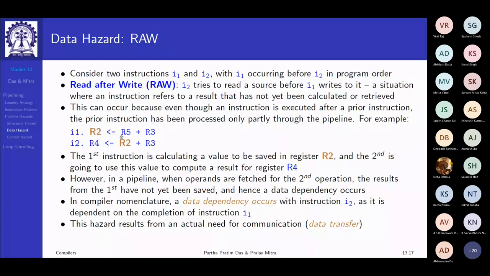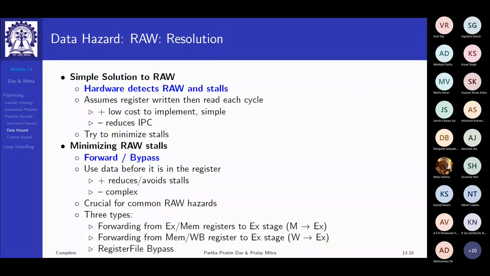That is, the value that the ALU has after this addition, if we can put a bypass path to bring it in here, because that is what is going to be the value of R2, then we will not need to wait till R2 has been written back. So that's the basic idea of forwarding or bypassing. It's also called shortcuts. So there could be forwarding from execute memory registers to the execute stage, or memory write back register to the execute stage, and so on.